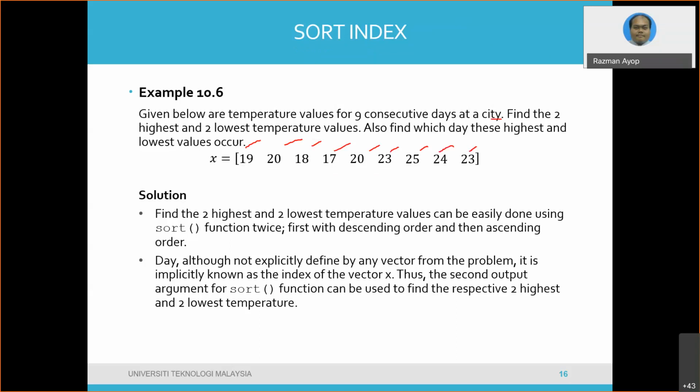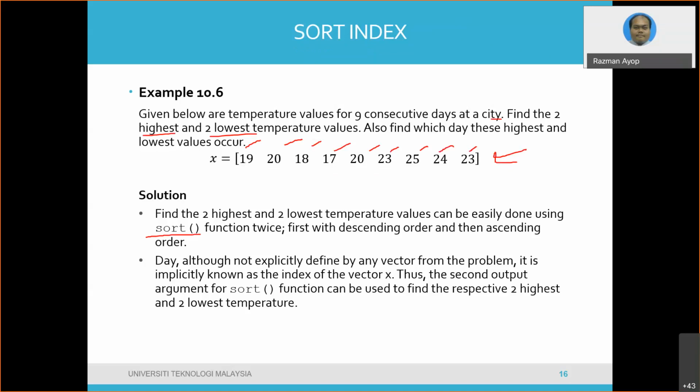So this is temperature data for 9 days. From this data, you want to find the two highest and two lowest temperatures. For this solution, you have to use the sort function.